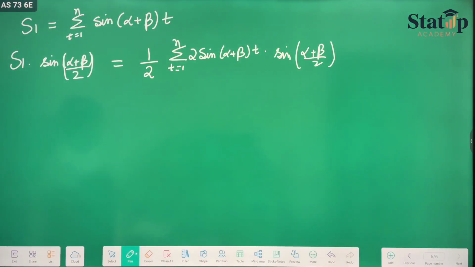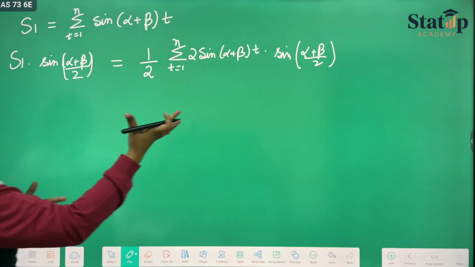So 2 sine A sine B will give us cos (A minus B) minus cos (A plus B).